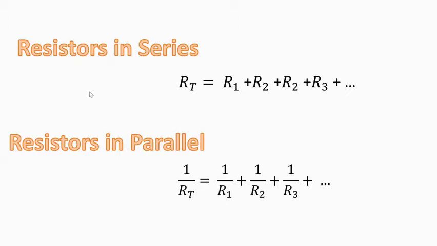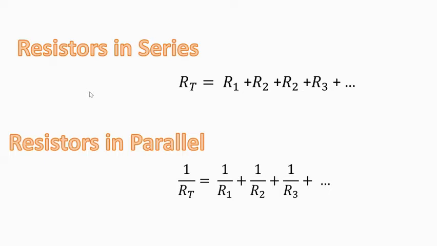So anything that you plug into a circuit that is going to slow down the flow of electricity is considered a resistor. And so an important quantity to measure is what is the total resistance, right? If you have more than one thing slowing down the flow of electricity, how do you find what is the total resistance of all that put together?